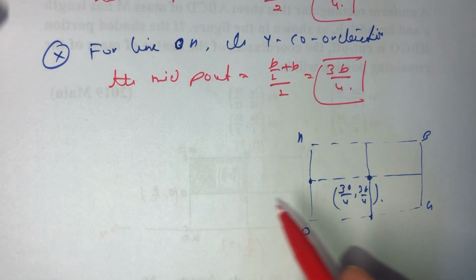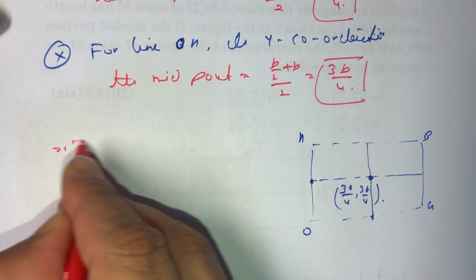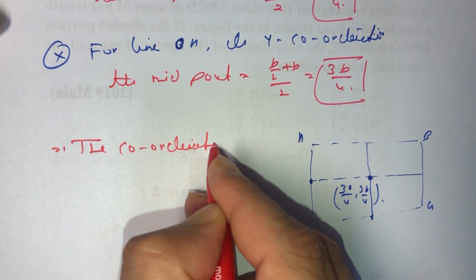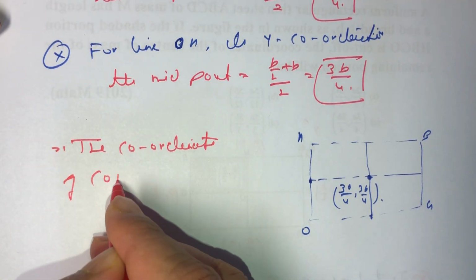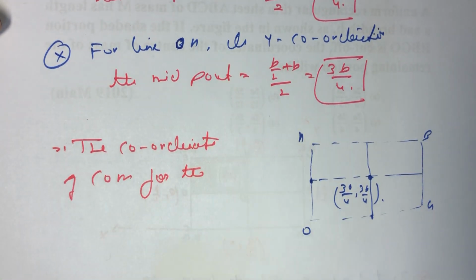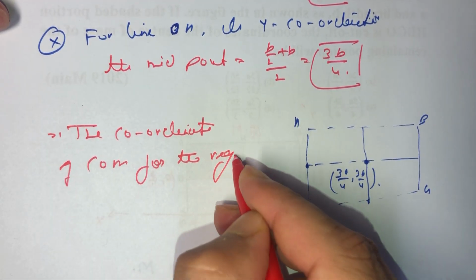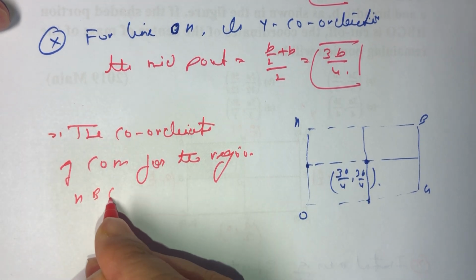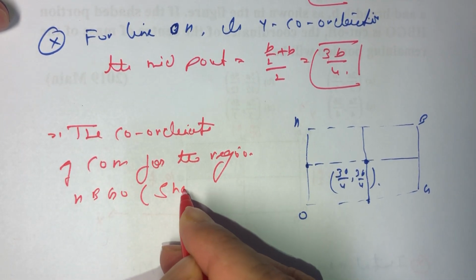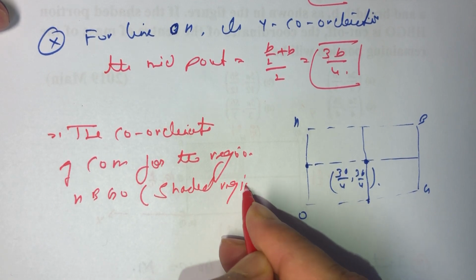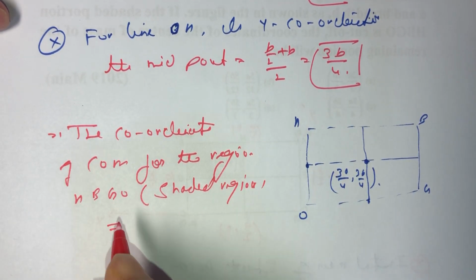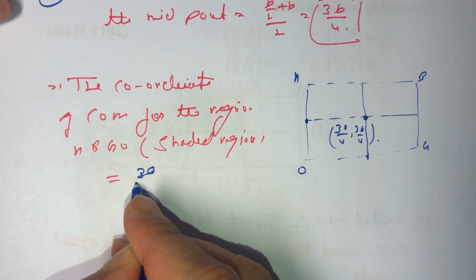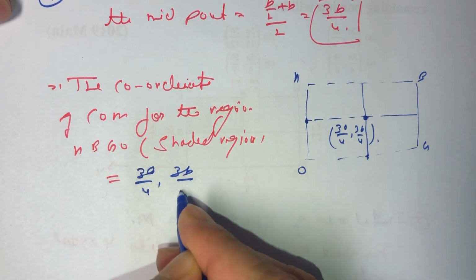Therefore the coordinate of center of mass for the region HBGO, which is the shaded region, will be 3A by 4 and 3B by 4.